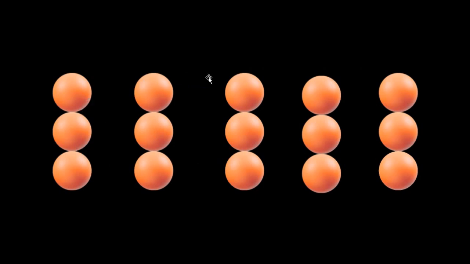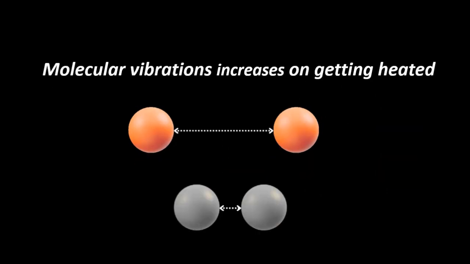Again, they start colliding with their adjacent neighboring molecules, and again kinetic energy is transferred, vibrational energy is transferred, heat energy is transferred, and it goes on and on till the entire set of adjacent molecules also start vibrating and heat energy is transferred.